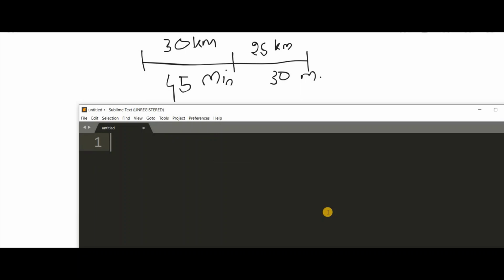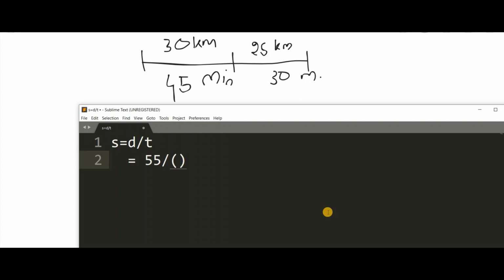So let's do it. So we know the formula, speed is equal to distance by time. So the total distance is 30 plus 25, which is 55, divided by the total time. Here they have given the time in minutes, but we need to convert to hours because they have asked in kilometers per hour.